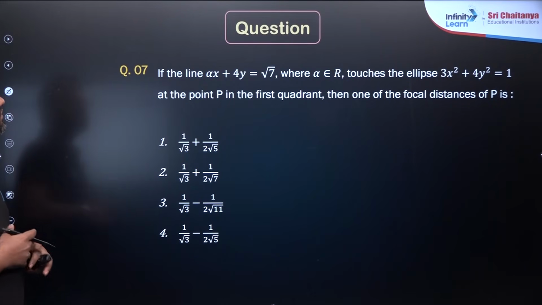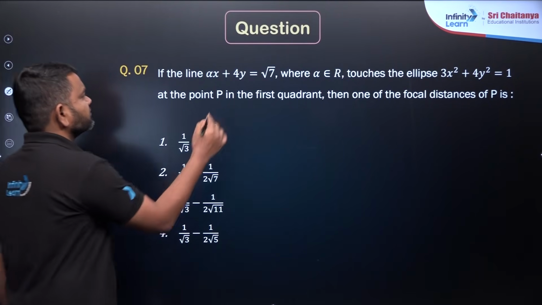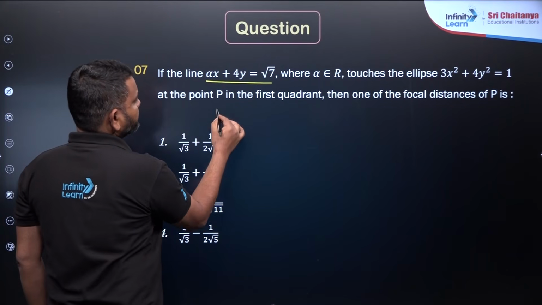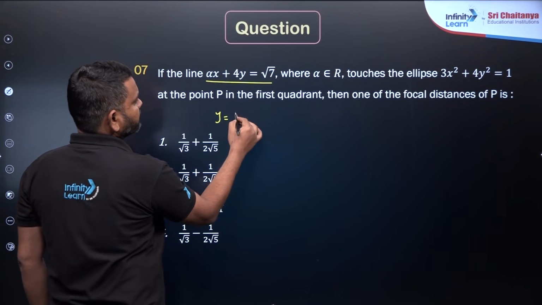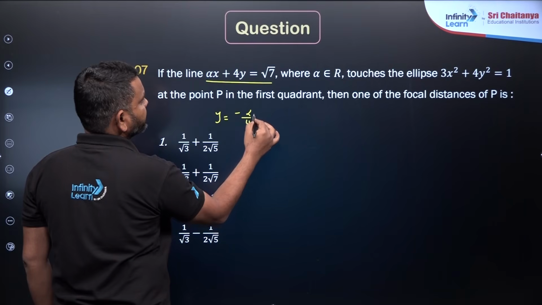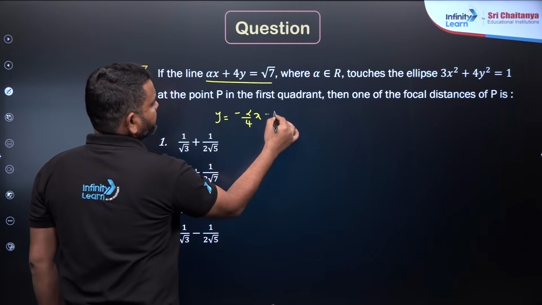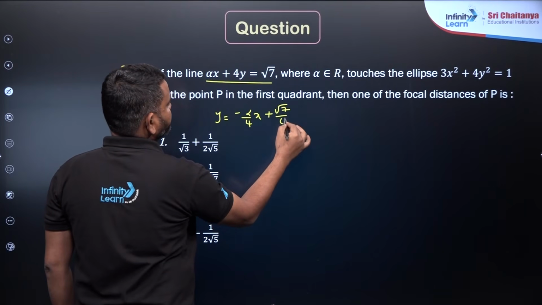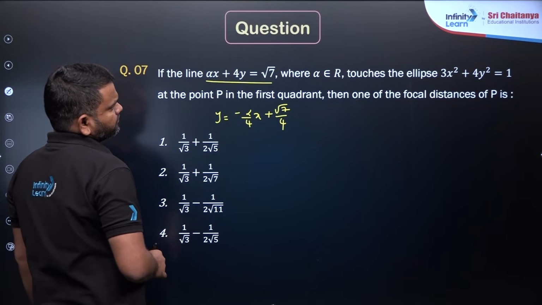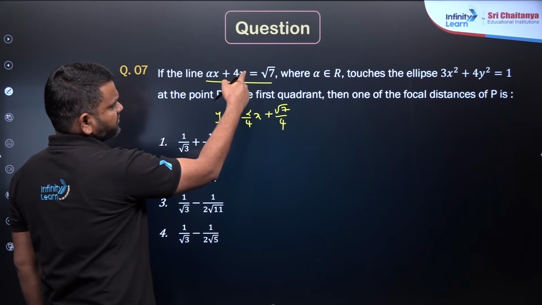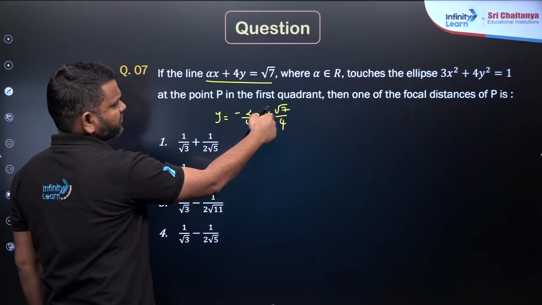Next is this equation where this is a line. So y is equals to minus alpha by 4 into x plus root 7 by 4. Minus alpha x on the right side dividing 4, yes.